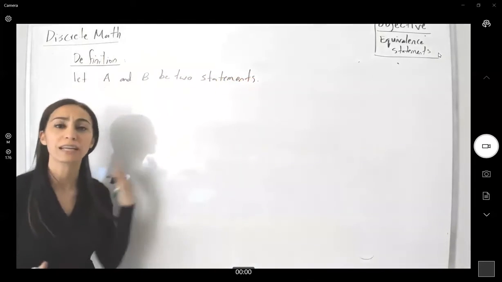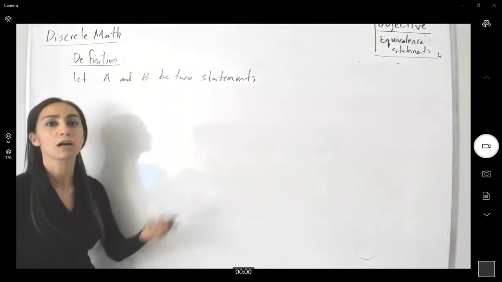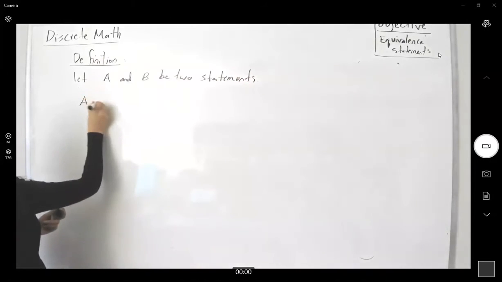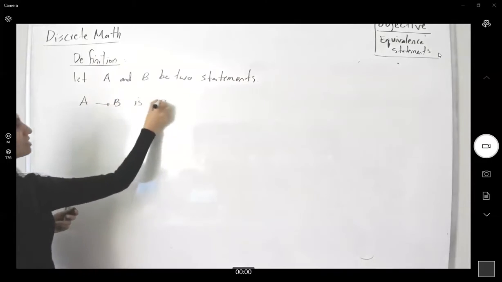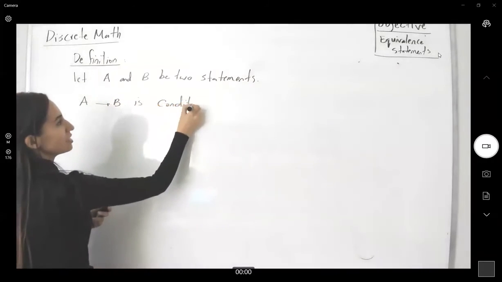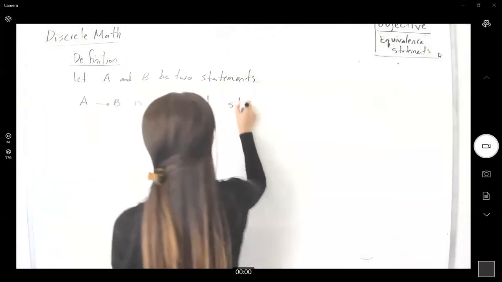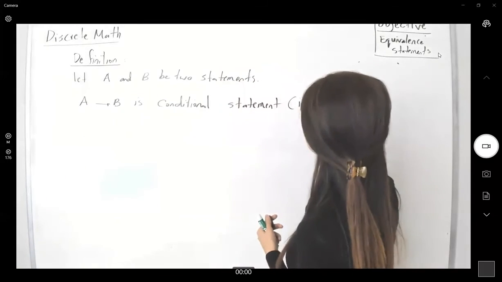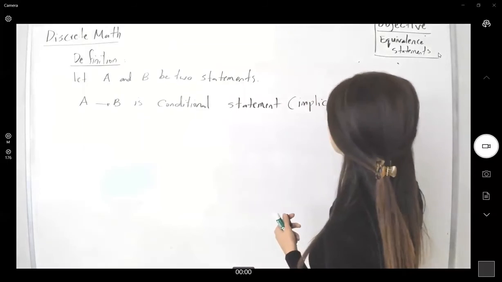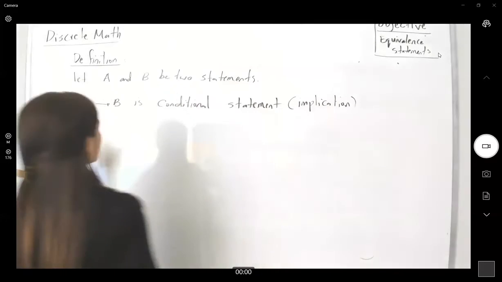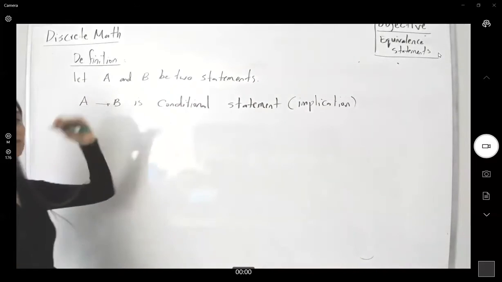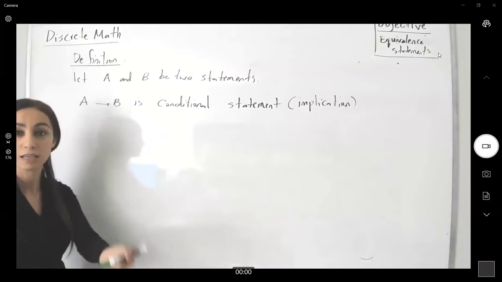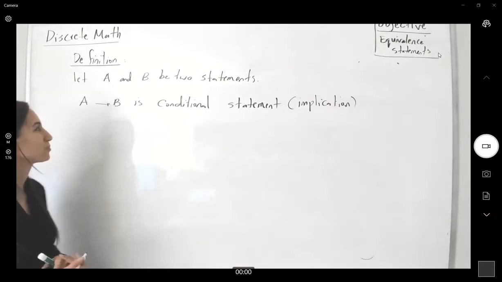We already know that A then B is a conditional statement, or implication. If you get 90% on the final, I give you an A. If you have a hypothesis, then you see the conclusion.